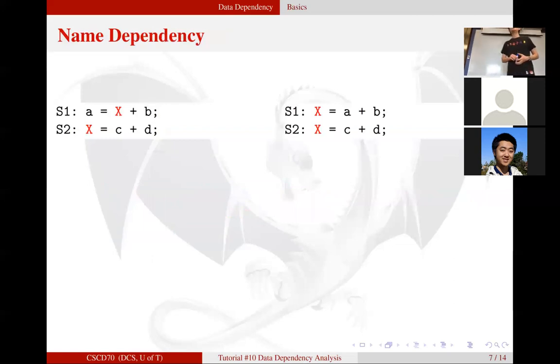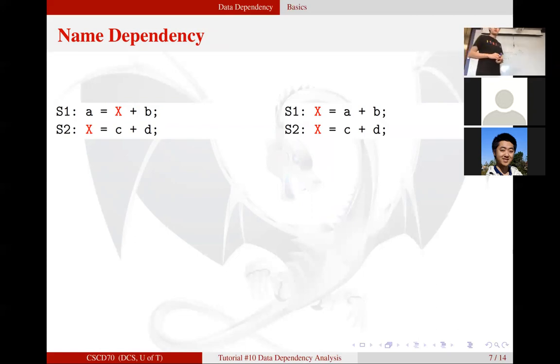Okay. So now that we have discussed write after read, which we call anti-dependency, and write after write, which we call output dependency, we said the only true data dependency type is read after write. So why is that?